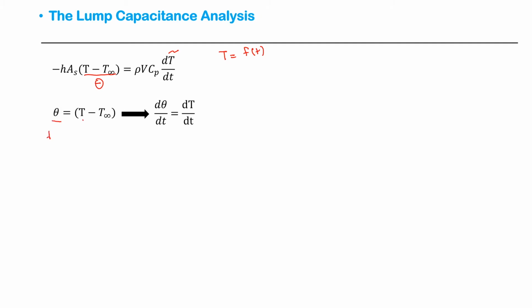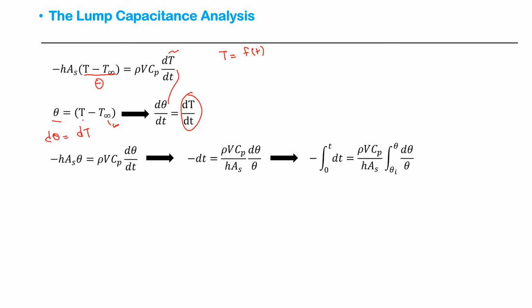If I take the derivative, d theta is equal to dT, because T infinity is constant. That means d theta by dt is equal to dT by dt. If I substitute this term in here, the equation becomes this. We now have the equation in terms of theta.